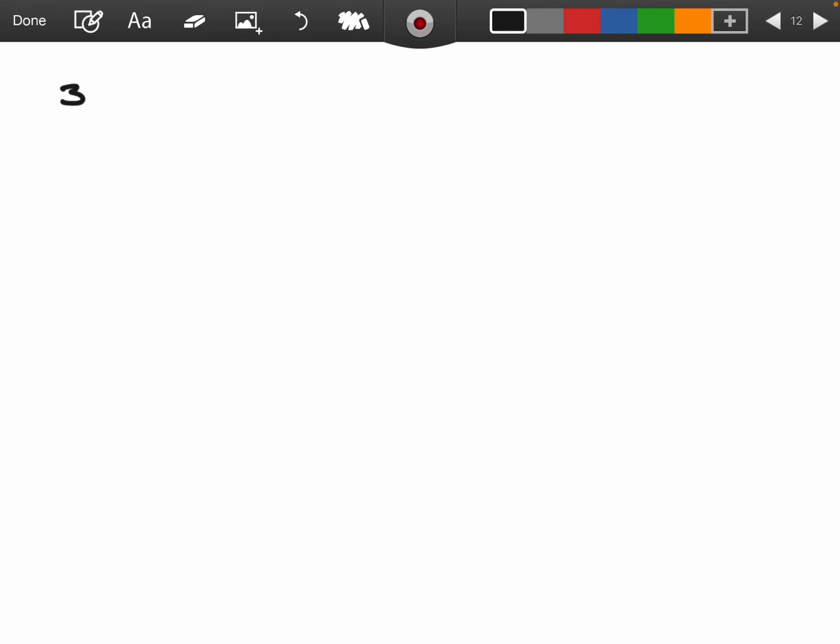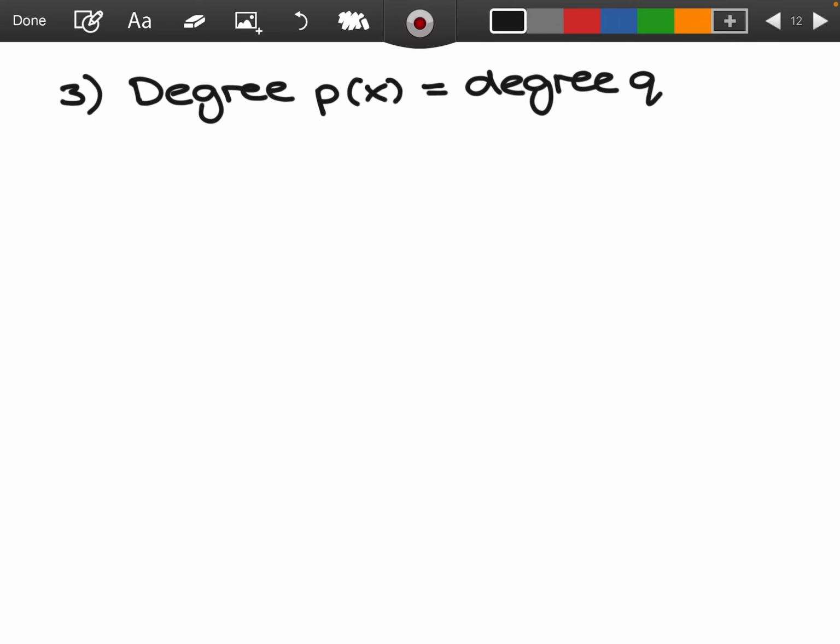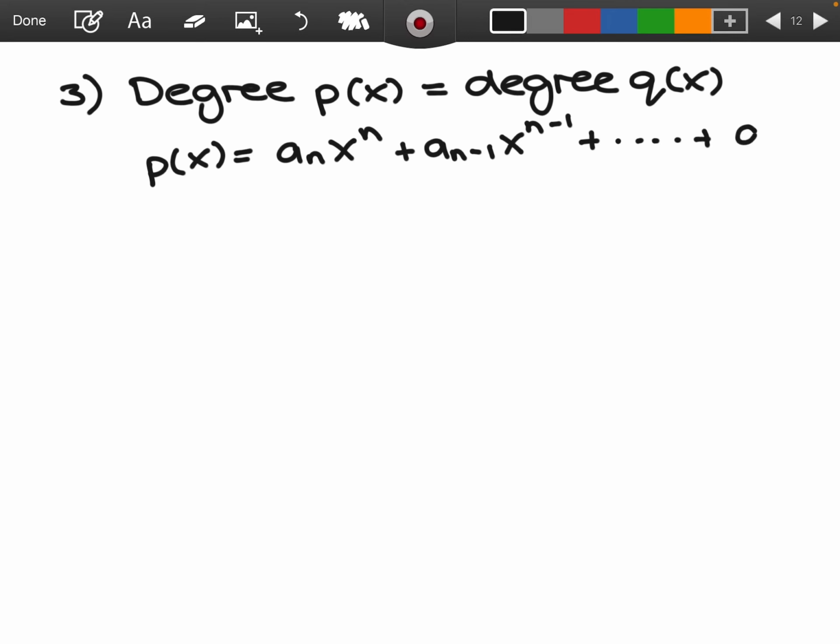The last thing that we have to be worried about is when they are actually of equal degree. So if the degree of P of x equals the degree of Q of x, what happens in that case? Well, remember what our polynomials look like, okay? So let's say that P of x is equal to a_n x to the n plus a_(n-1) x to the n minus 1, and you go all the way down until you get to the constant at the end.